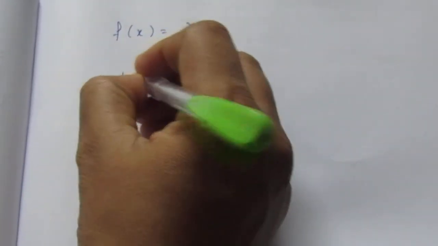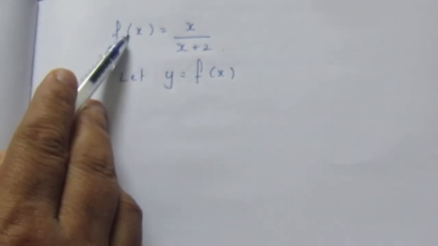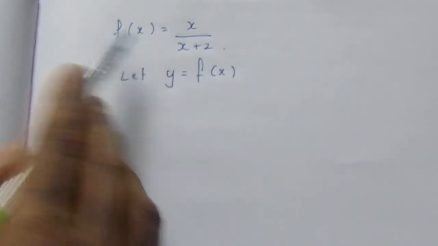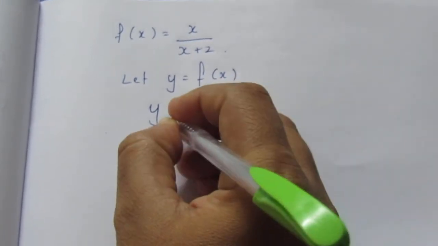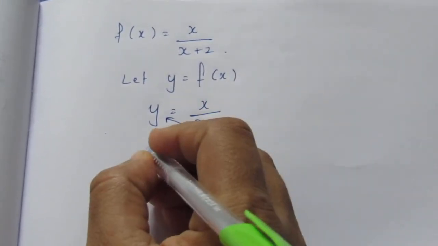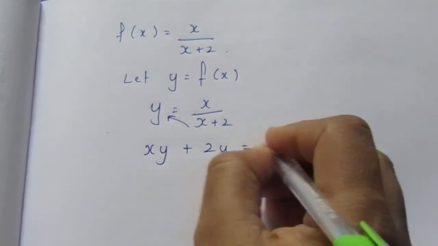For inverse, it is given as f of x is equal to x by x plus 2. For inverse we usually bring it to x is equal to. For that reason, I am going to take let y is equal to f of x. In the place of f of x, I am going to substitute the value y here. So y is equal to x by x plus 2. Bring this number here, it becomes xy plus 2y equal to x.